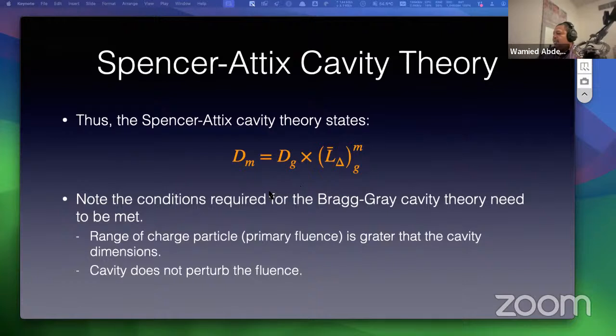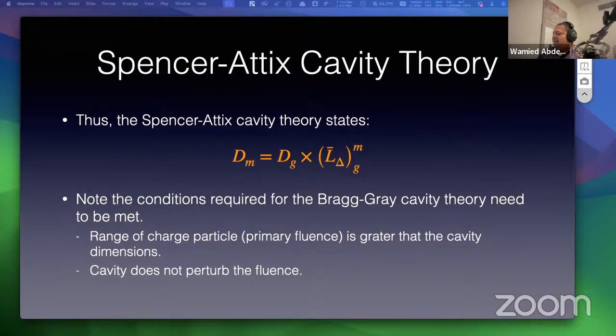Note that for the Spencer-Attix cavity theory to be applicable, the two conditions for the Bragg-Gray cavity theory still need to be met. Namely, the range of the charged particle, this is the primary fluence, still needs to be greater than, a lot of typos in my slides, I'll correct them, the cavity dimensions.